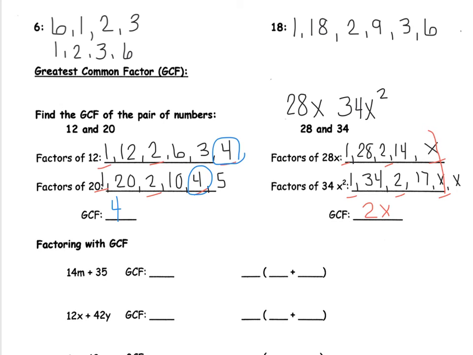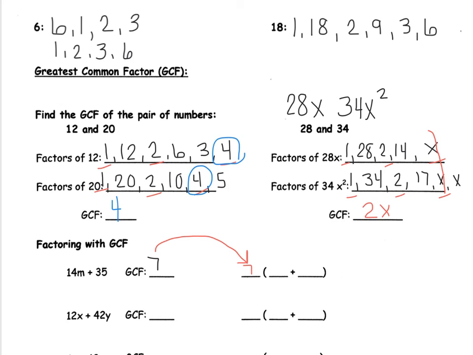You should see that the greatest common factor is 7. Do they have any variables in common? Nope. So what you do now is you take that greatest common factor and you put it right here. And it's really reverse distributive property.